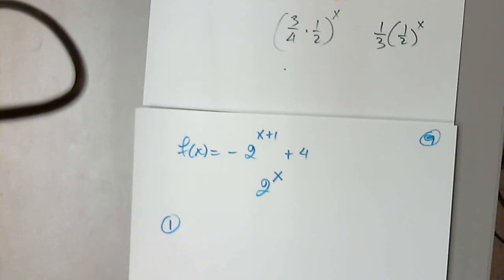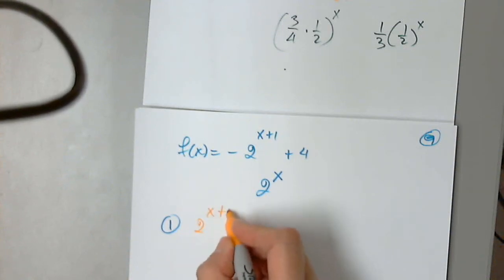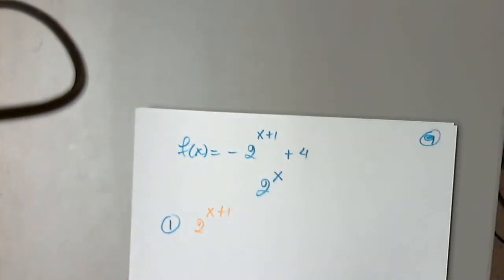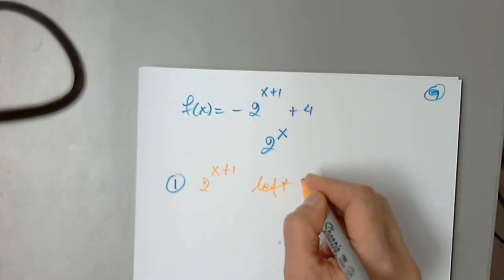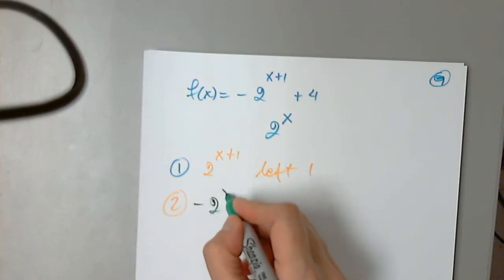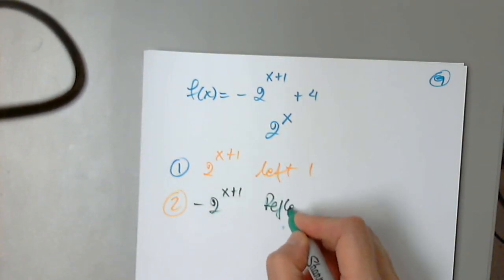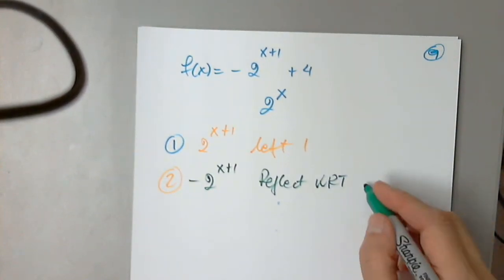Next is the first transformation on 2 to the x. Very good. What does this do to the graph? Excellent. Left 1. Number 2. In order of operations. Exactly. Reflect with respect to. Excellent.